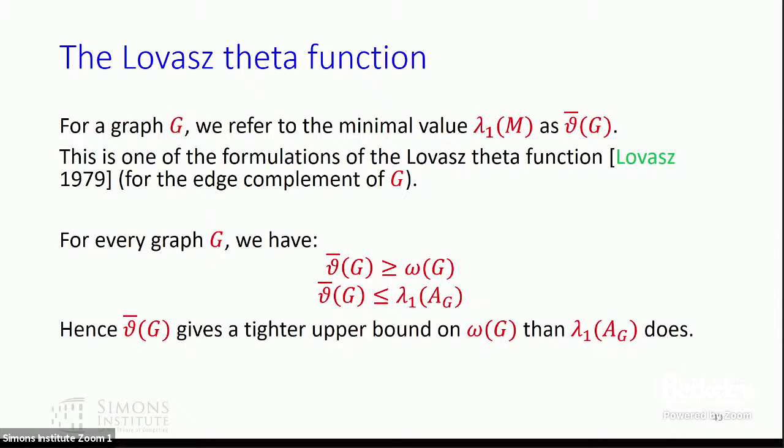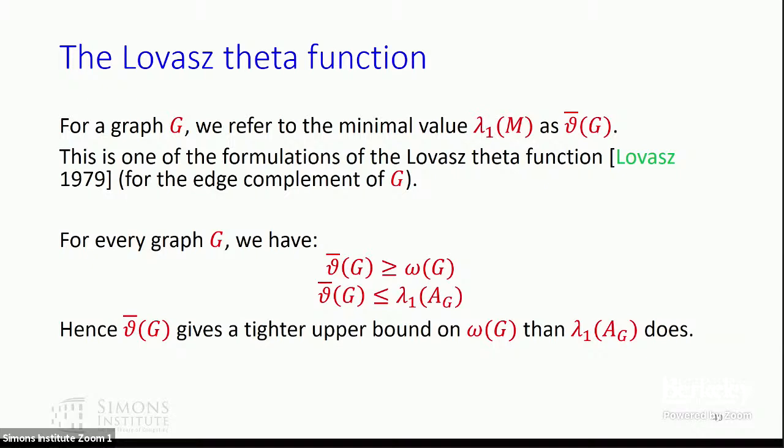But we are with theta bar here. And we know that it's smaller, not larger, than the largest eigenvalue of this matrix AG, because we can minimize. Where we put the question marks, we can put whatever we want, and we minimize lambda1. So we're only improving. So it's a tighter upper bound on omega G than the first eigenvalue of AG is.